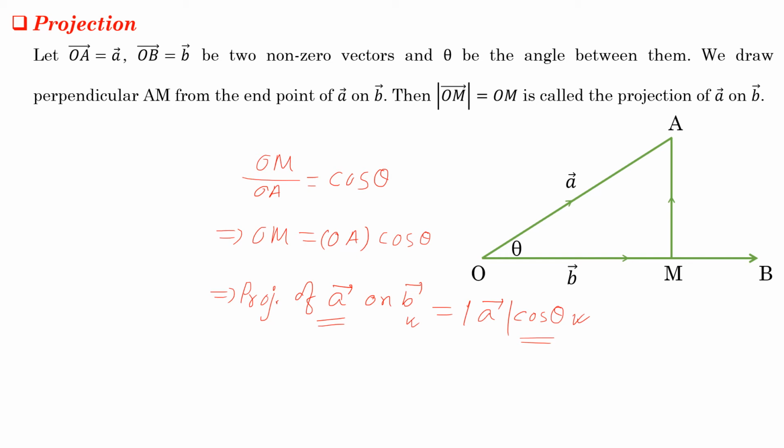If you want to find the projection of B bar on A bar, then what about that? I am really sorry, I am taking the projection of B bar on A bar.